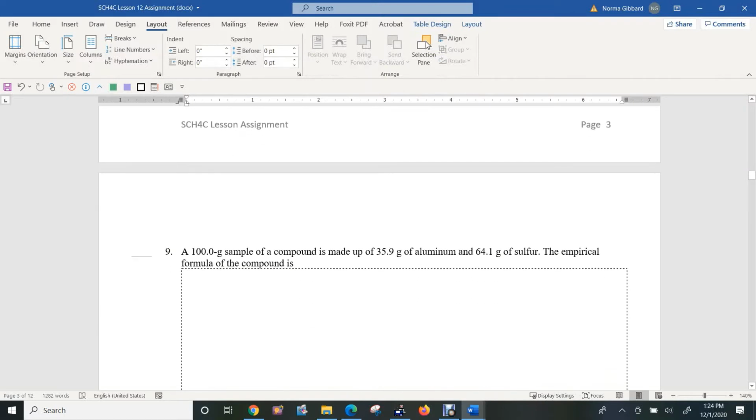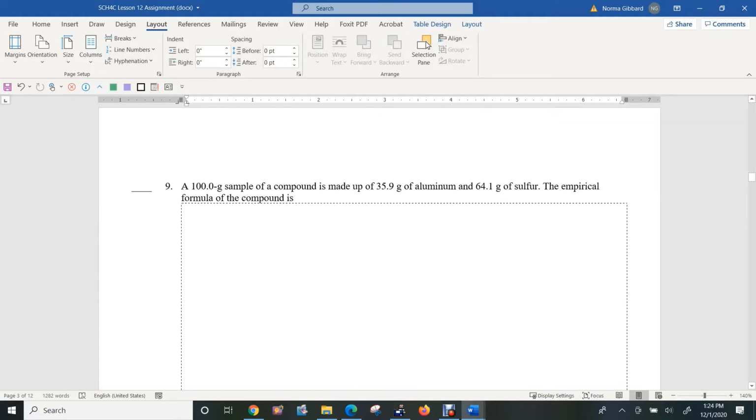Now let's take a look at number 9. A 100-gram sample of a compound is made up of 35.9 grams of aluminum and 64.1 grams of sulfur.